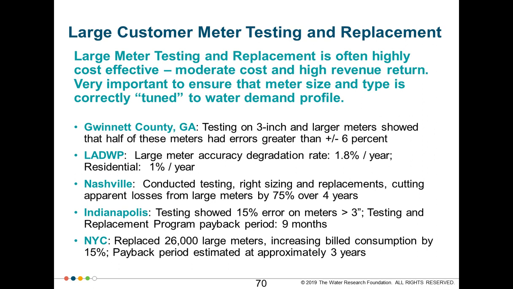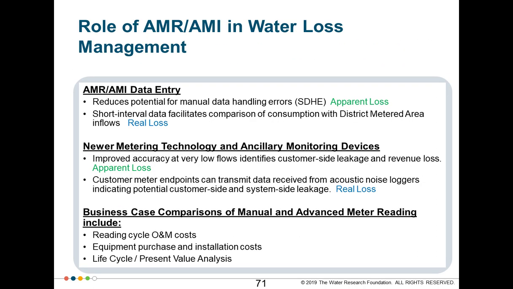But it's important to emphasize that it's not just a matter of testing a meter, but ensuring that the meter is tuned to the demand profile. And demand profiles, particularly at large customers, can change over time. So that needs to be taken care to look at.